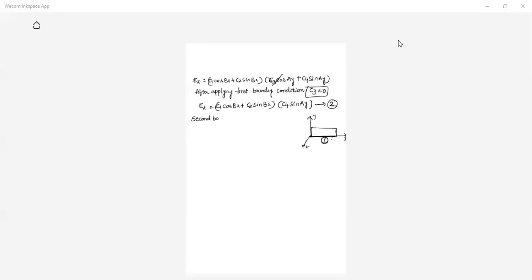Second boundary condition we are trying to apply. The second boundary condition is Ez is equal to 0 for x is equal to 0, and y is varying from 0 to b.